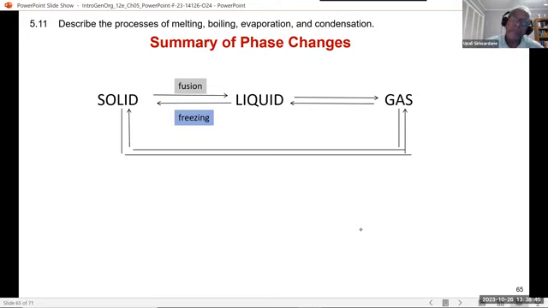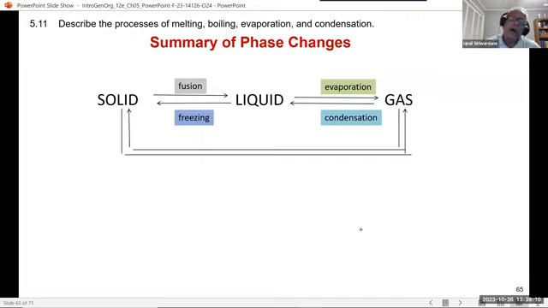So, there are three phase equilibriums. One is fusion and freezing. Liquid to gas equilibrium is evaporation. Liquid to a gas is endothermic, absorbs heat. Then gas to a liquid is condensation. That is exothermic.